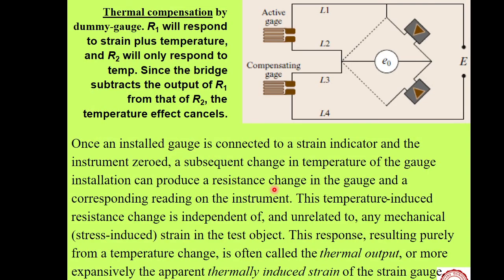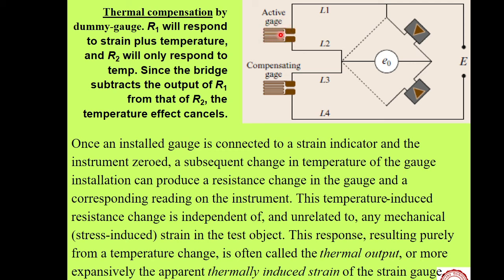So let us skip these things, and then comes the thermal compensation part. This is one of the methods where an active gauge is there, which is in a thermal field. So the active gauge is under thermal field, and the actual stress is also there.